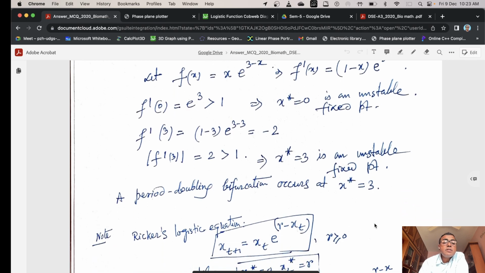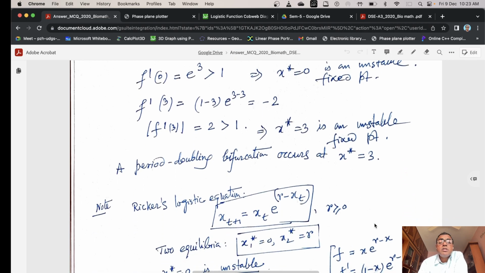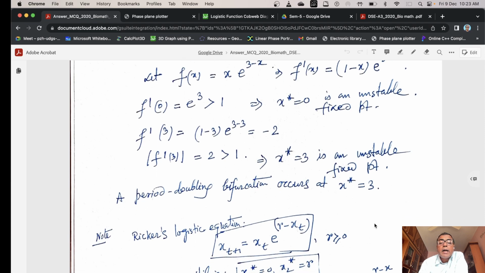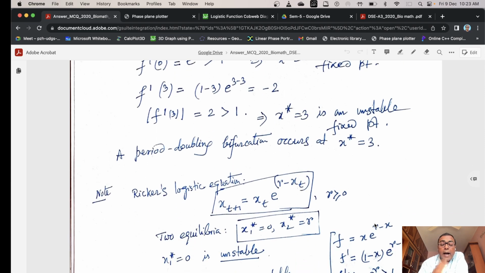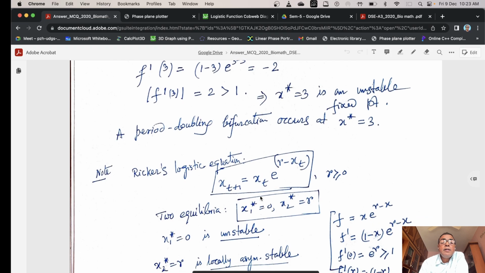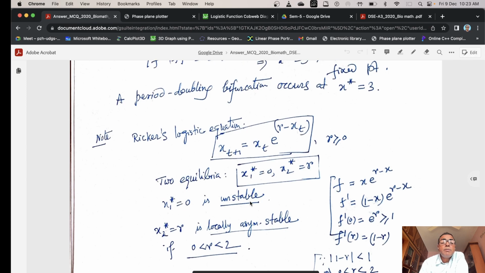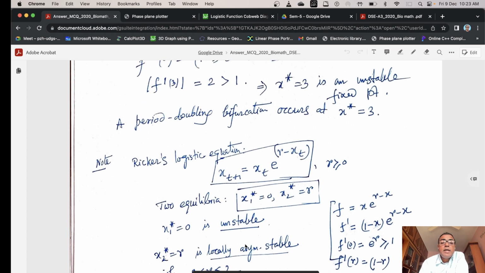And for interest, the Ricker logistic equation x_{t+1} = x_t e^(r - x_t) when r is greater than 0 has two equilibria, x1 star equal to 0 and x2 star equal to r. x1 star equal to 0 is unstable, and x2 star equal to r is locally asymptotically stable if 0 is less than r less than 2.